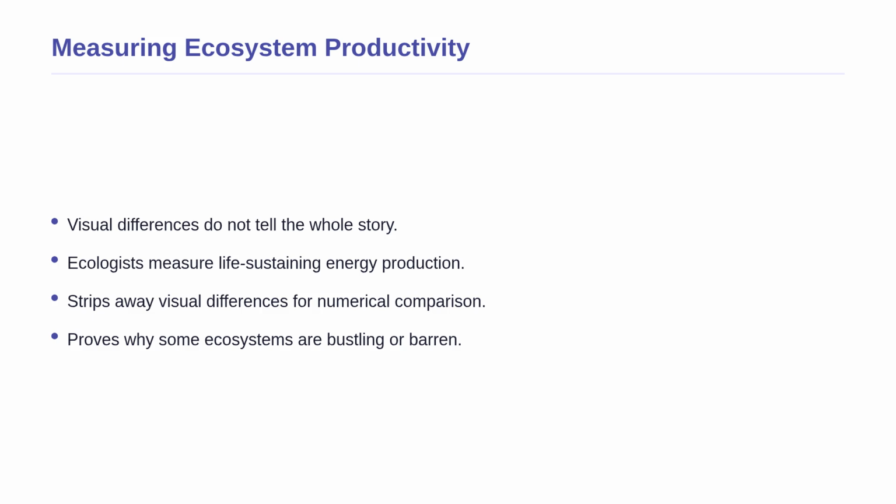This metric is incredibly powerful because it strips away the visual differences and gives us a hard numerical value to compare different environments. By calculating this energy, we can mathematically prove why certain ecosystem types are bustling with millions of living creatures, while others remain mostly barren and can only support a handful of highly specialized species.